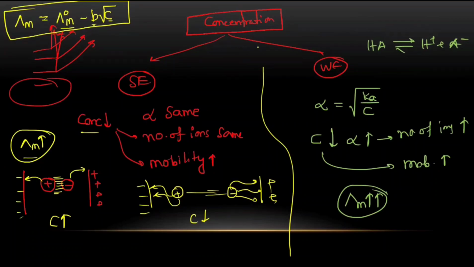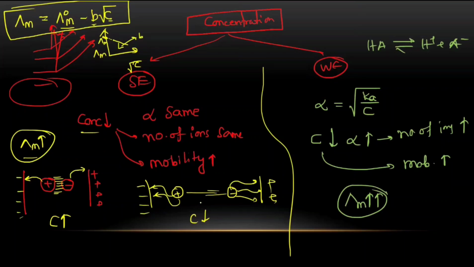Now, this is the equation, so we can easily plot a graph between lambda m and root c. The graph will be like this, with a negative slope. If we extrapolate this, we can get lambda 0 m, because the slope is b and the intercept is lambda 0 m.